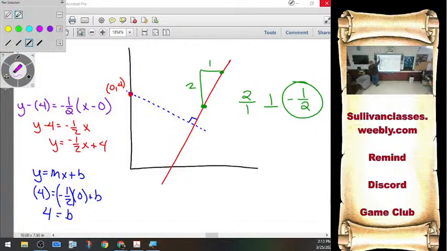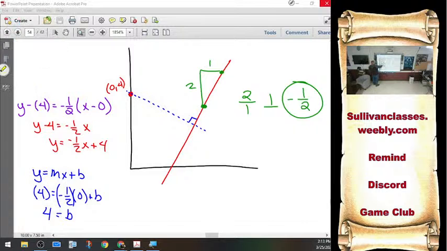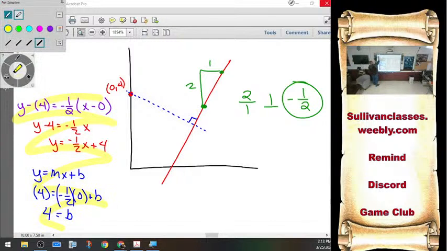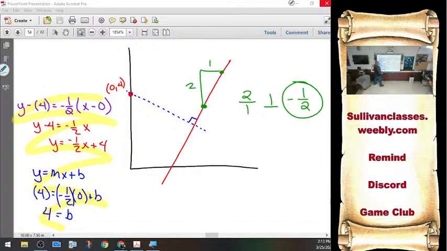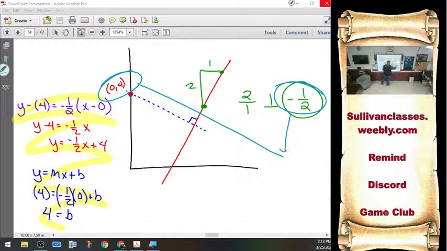So I don't actually need to do any of that work. I could have just counted boxes on my paper. I know the point, I know the slope, the point happens to be my y-intercept.